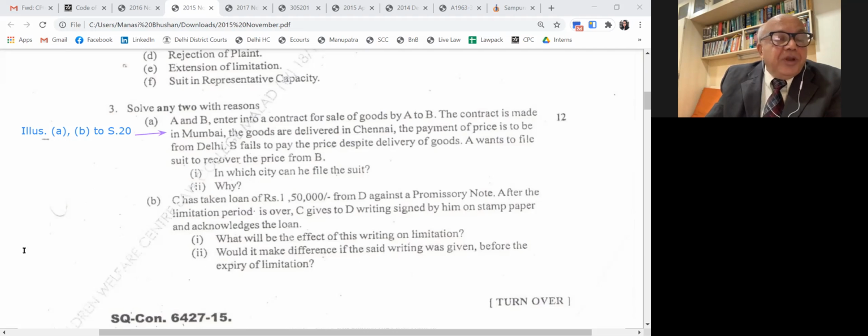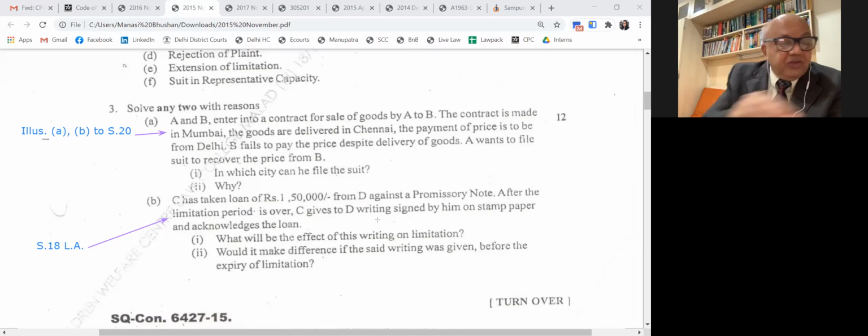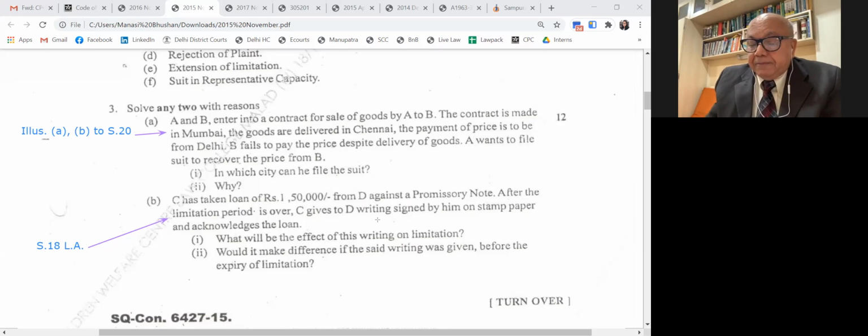Here you cannot obtain the writing after the limitation period is over. The writing should be obtained before the limitation expires. The suit is barred by limitation. Okay, the writing must be obtained prior, please. We just now dealt with the judgment of the Supreme Court I gave you, that is Sampuran Singh versus Niranjan Kaur's case. Remember it. This question has been very often repeated.